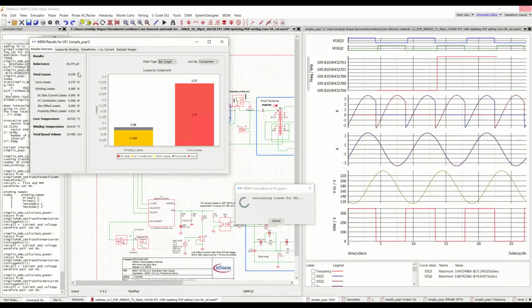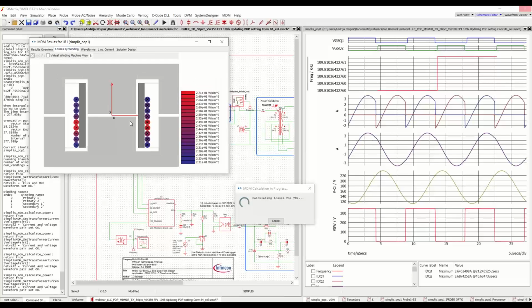What we're seeing here is that the losses are quite acceptable at 50% load, and the winding losses are quite low, and that the proximity effect, in fact, at 0.012 watts is not a huge worry in this design.